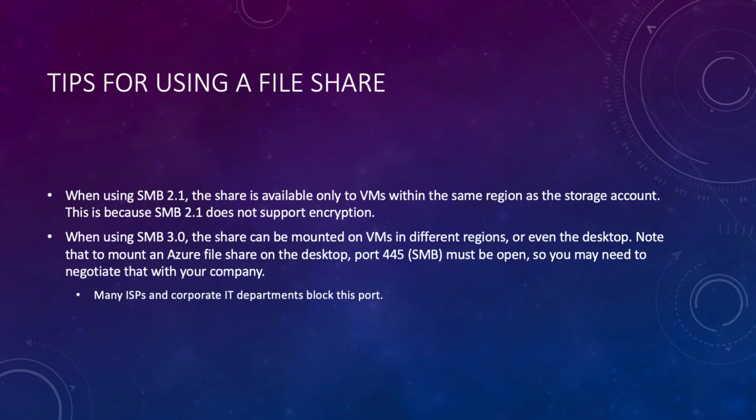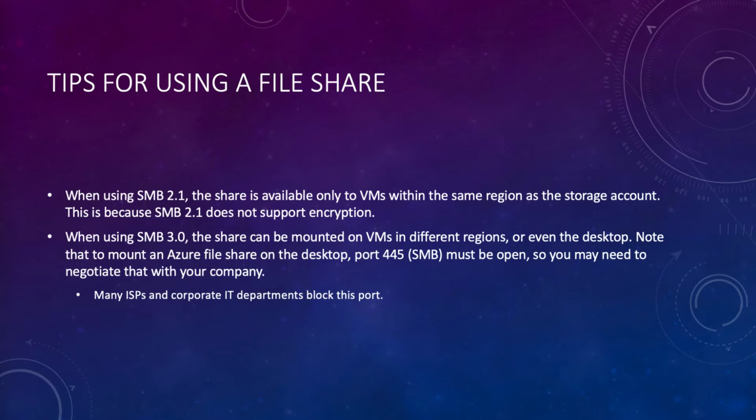The first thing is, remember that when using SMB 2.1, the share is available only to virtual machines within the same region as the storage account. This is important to understand. This is because SMB 2.1 does not support encryption.